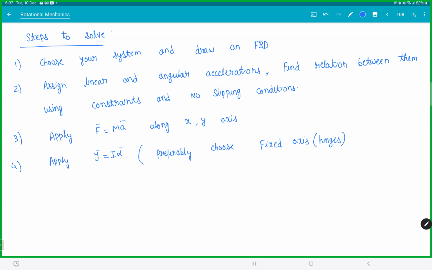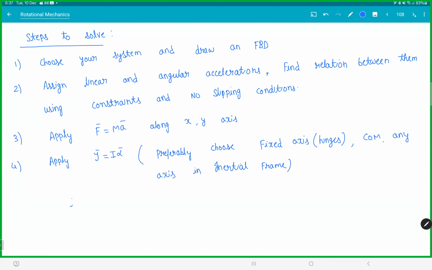Sometimes hinges also can move, but preferably take something which is not moving, a fixed axis, or center of mass, or basically any axis in the inertial frame. Preferably, because if you take something which is accelerating, you have to introduce pseudo force. So that is the only thing. There's nothing like you can't take torque about any axis.